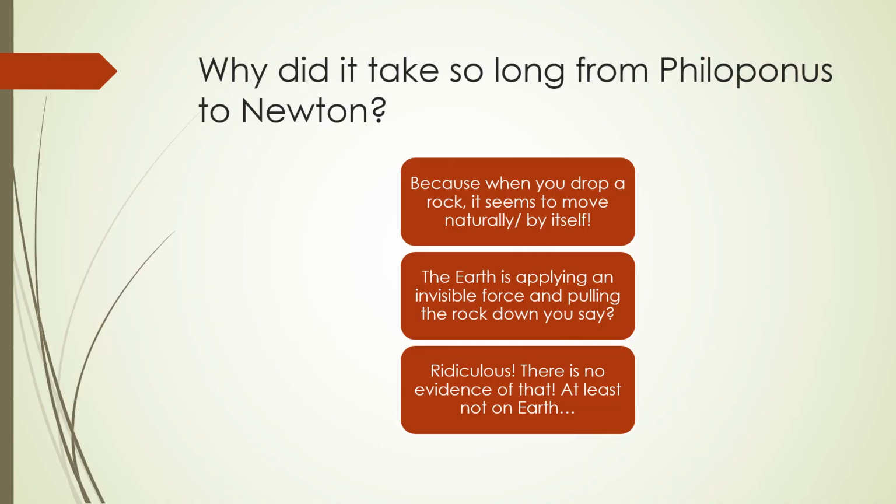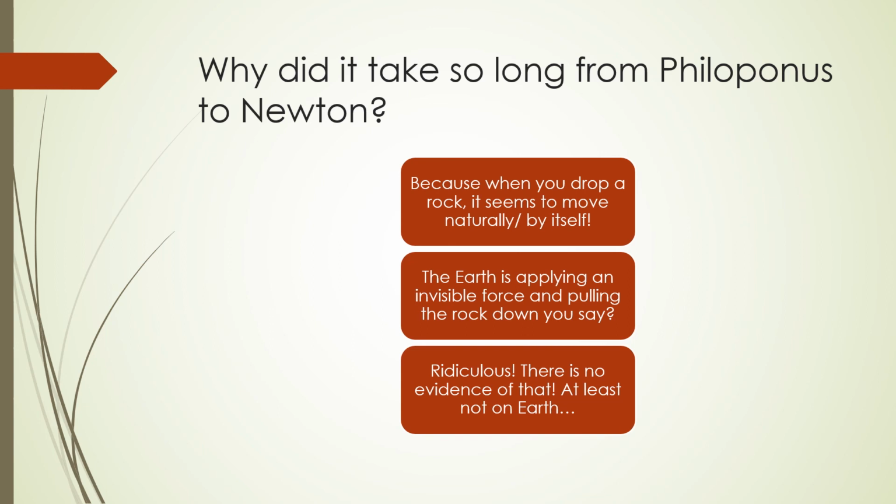Now, why did it take so long from Philoponus to Newton? How come it took so long for us to realize that Aristotle was wrong about natural motion? Well, for one thing, when you drop a rock, it does seem to naturally move by itself. That's what Aristotle said, that it moves by itself. What's pulling it? What's pushing it?